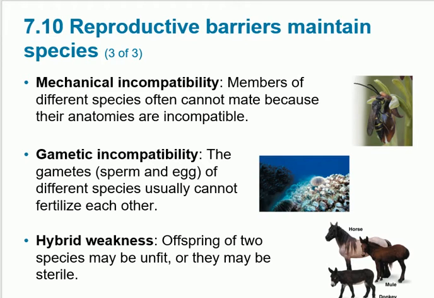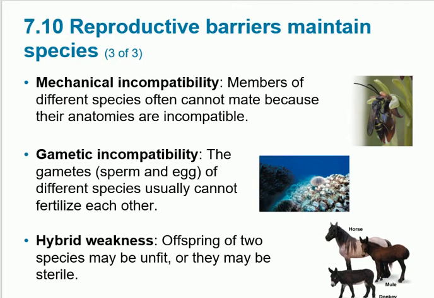And we call that gametes. What does gamete mean? Eggs and sperms, both of them. It's like an umbrella term to describe both of them, sperms or eggs. This sperm will never be able to fertilize this egg. That's it. So they will not fertilize each other. Zygote will never be produced. It's called gametic incompatibility.